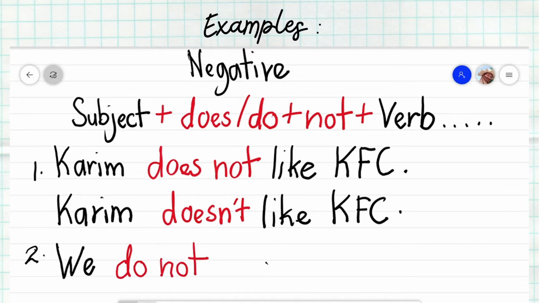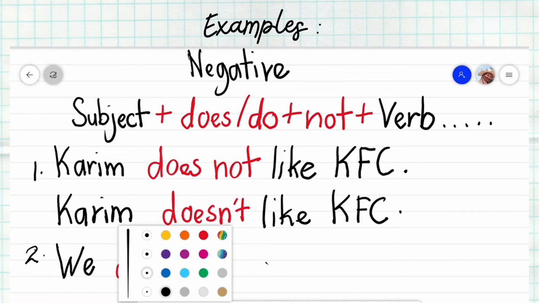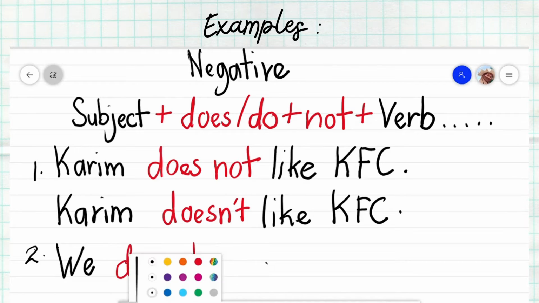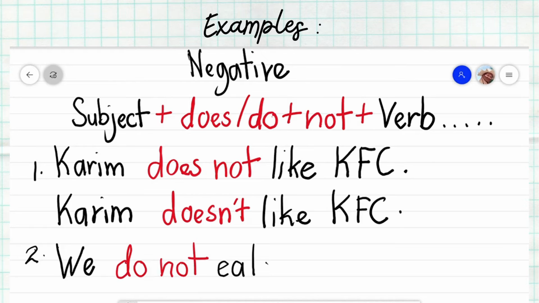Okay, this time kami tidak makan sayur. Okay, kami tidak makan sayur. So makan, verb dia eat. We do not eat, what is sayur? Vegetables. Very good. I hope you know. You should know vegetables.